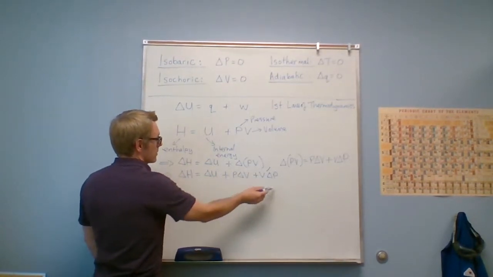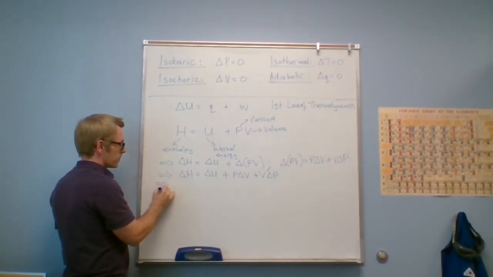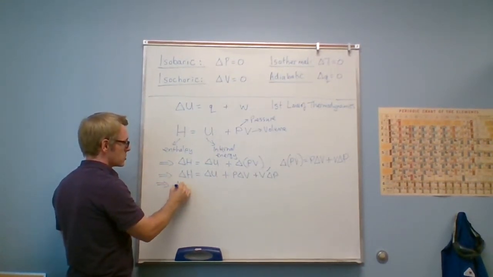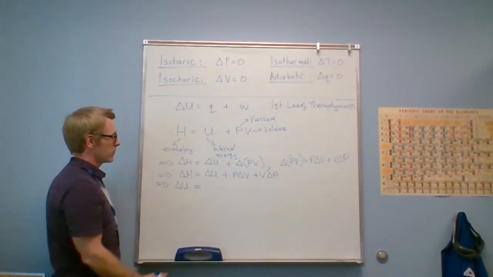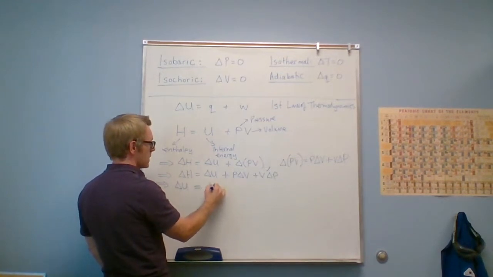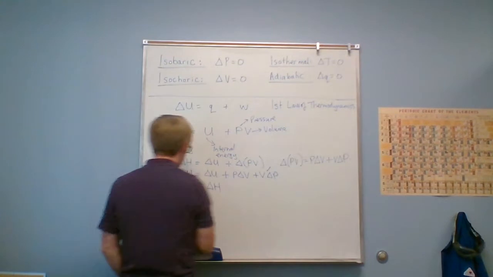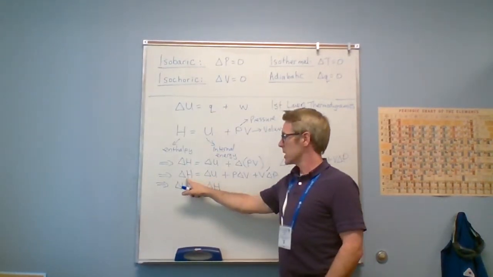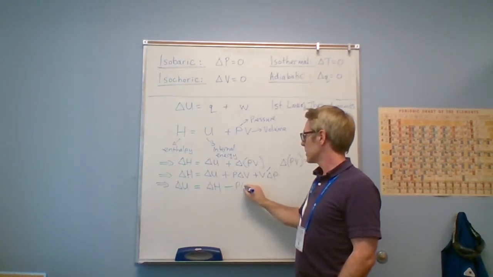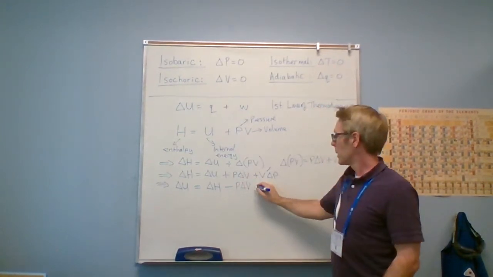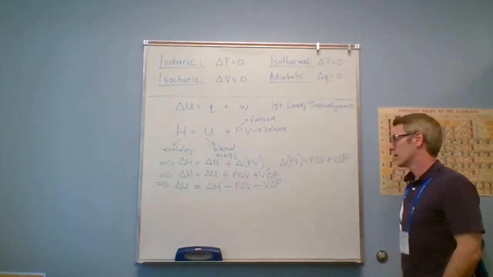We can take all of this stuff to the other side if we want to. So we can say change in internal energy is change in enthalpy. So I'm going to take this stuff to the other side of the equal sign. So change in internal energy is change in enthalpy minus pressure delta V minus volume delta P.